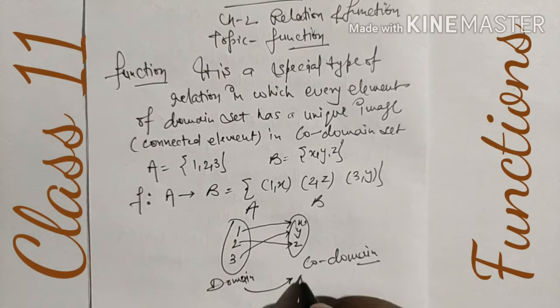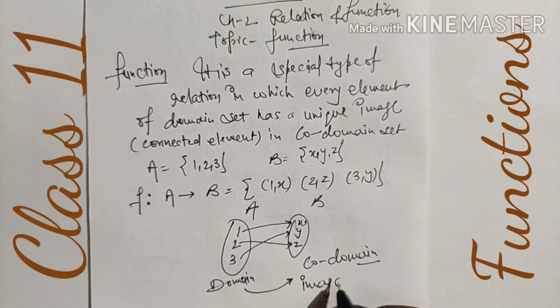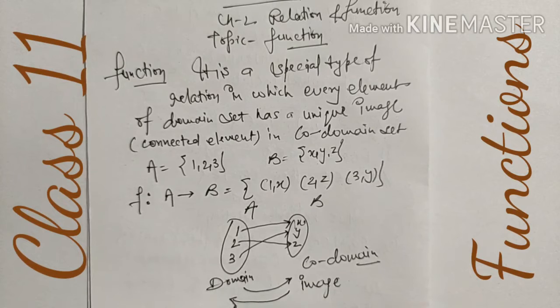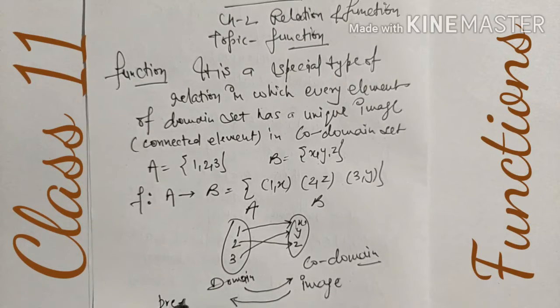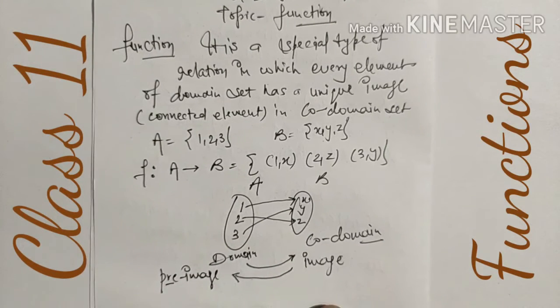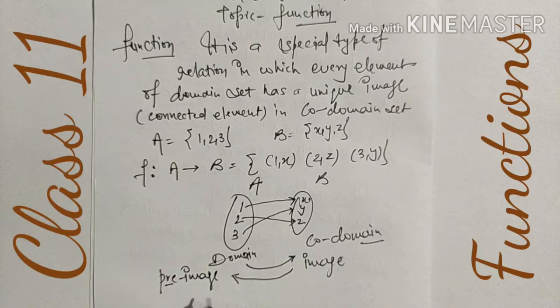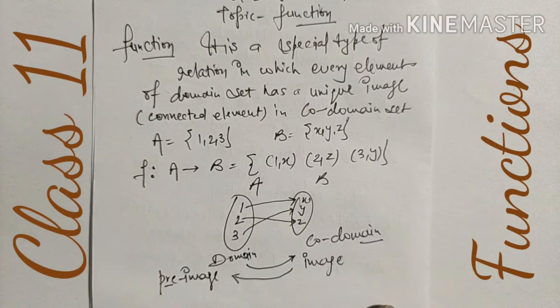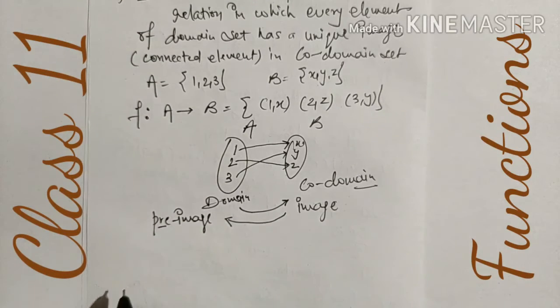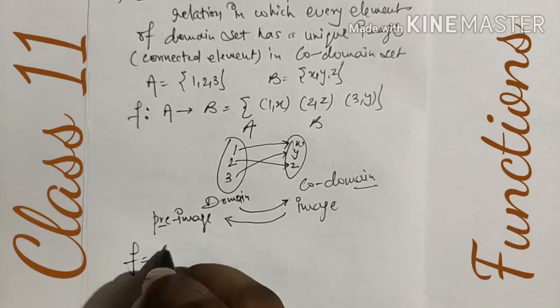Every element from A to B is connected with a single element and is known as the image. Means elements of the codomain are known as image and elements of the domain set are known as pre-image elements. There is a link between them: domain set elements are pre-image and codomain set elements are known as image.